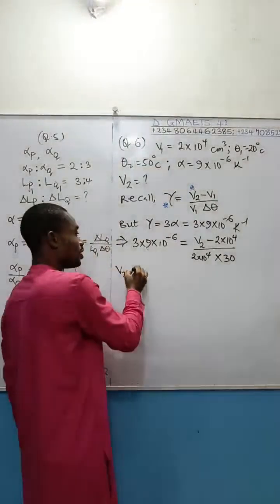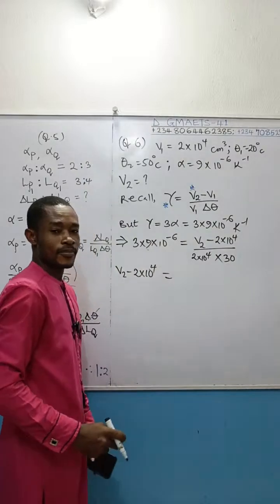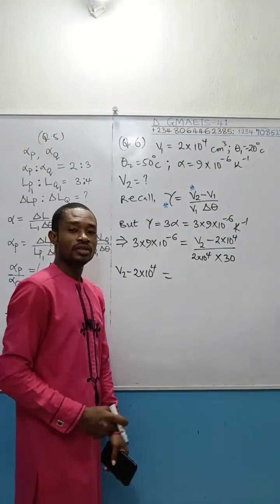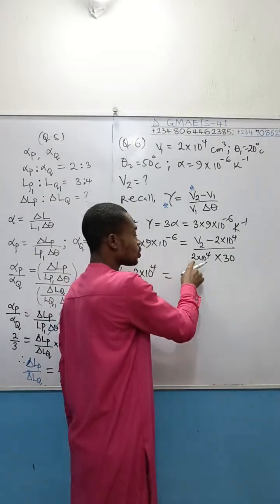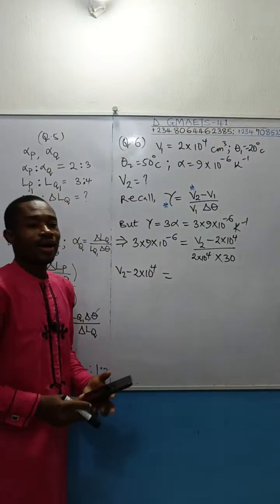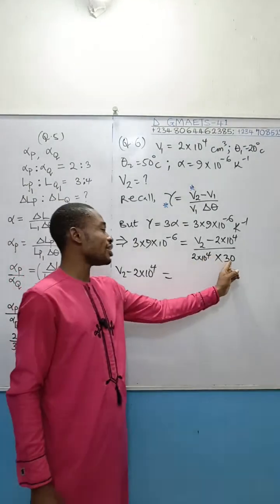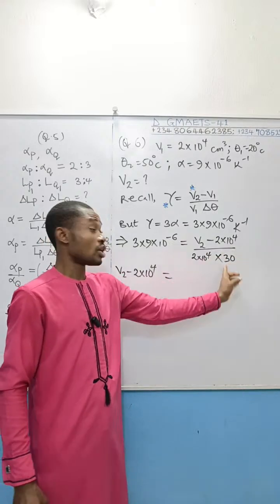So V2 minus 2 times 10 to the power of 4, you cross multiply. If you are cross multiplying, this is going to be 3 times 9 times 2 times 30. How about I decide to write this thing in standard form? This is the same as 3 times 10 to the power of 1.